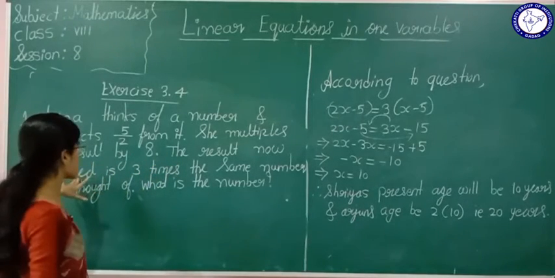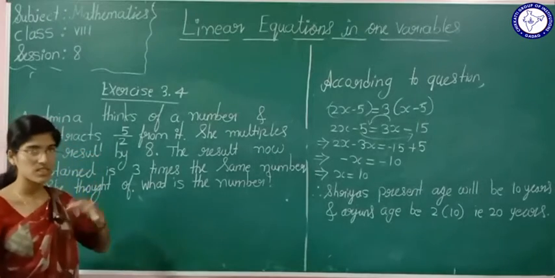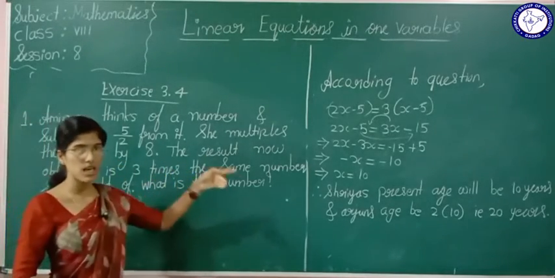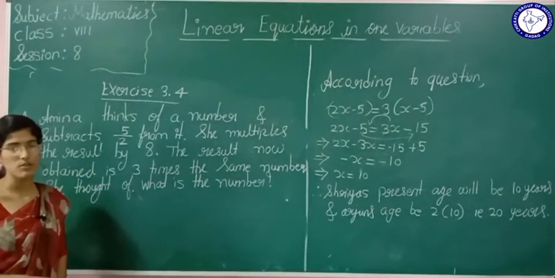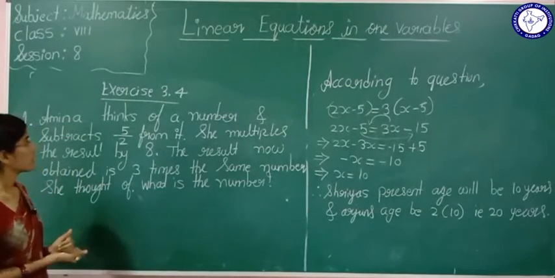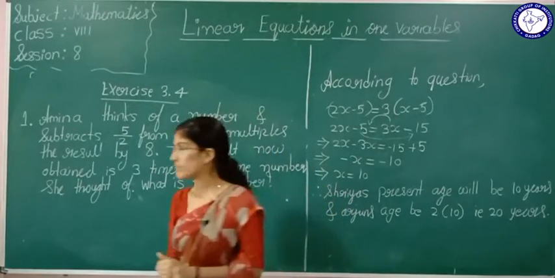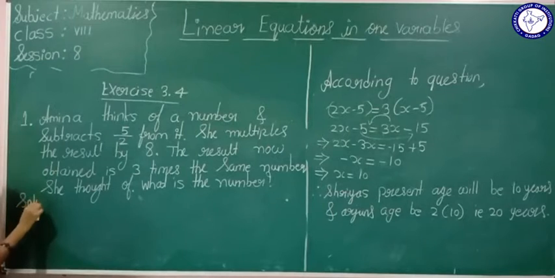The result now obtained is 3 times the same number she thought of. What is the number? We have to find what she thought. See here, solution.